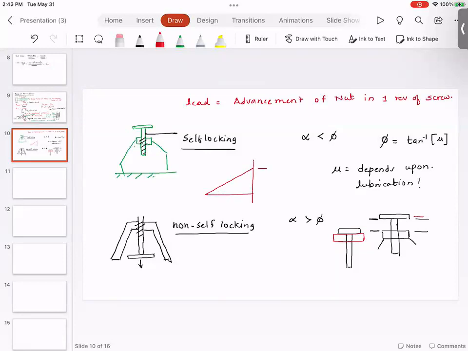Helix angle is lead divided by pi times diameter of the screw. So alpha is equal to tan inverse of lead divided by pi times diameter of the screw. And this D is usually considered the mean diameter.